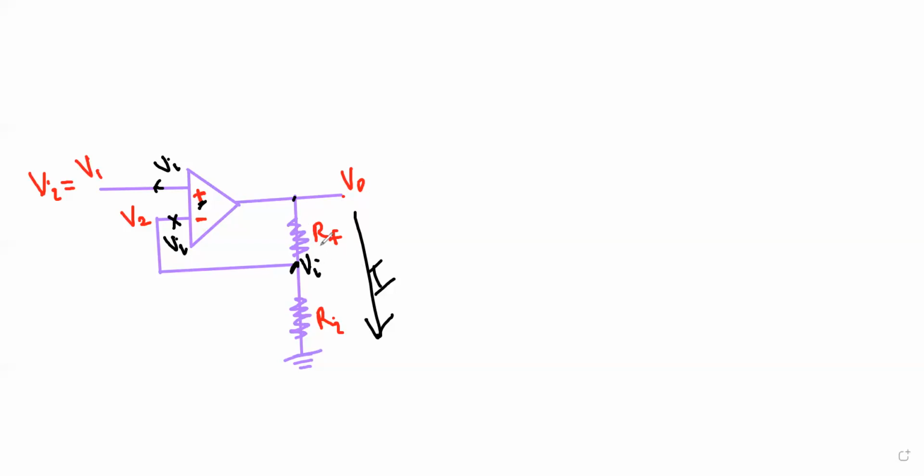Here you can use Ohm's law separately for this one and this one, and you can equate the current I as well. But there is another simple rule which is already derived using these things, so I'm going to use that directly.